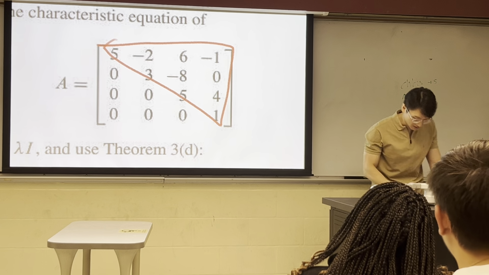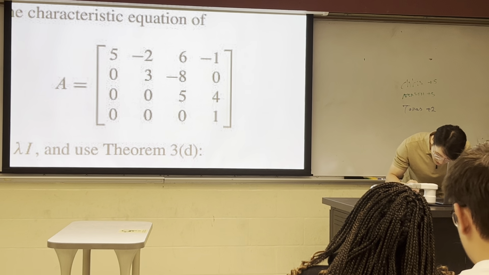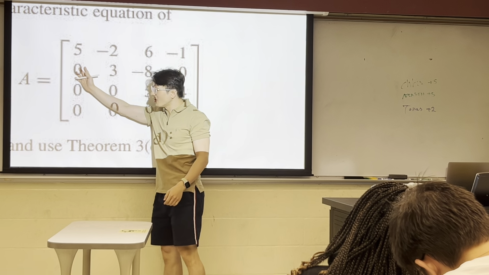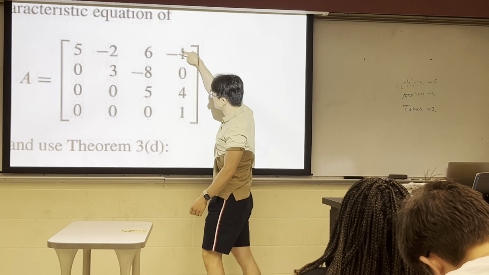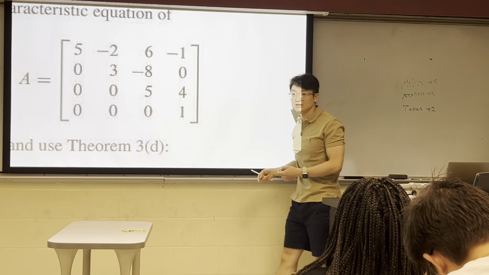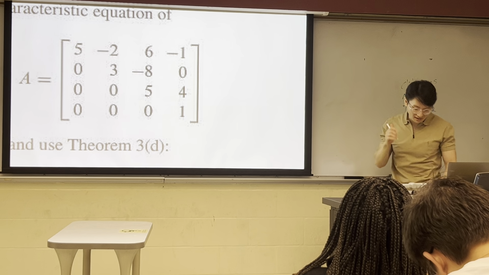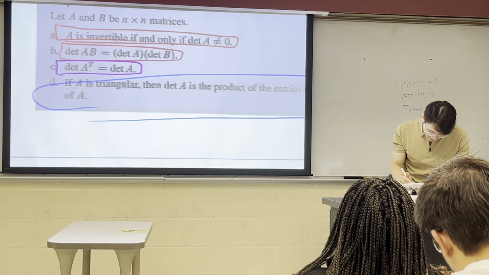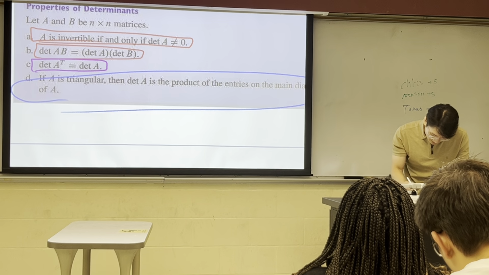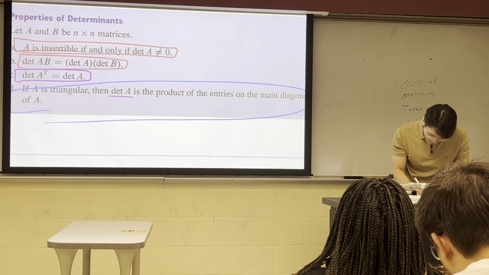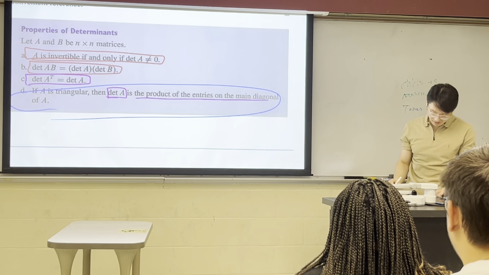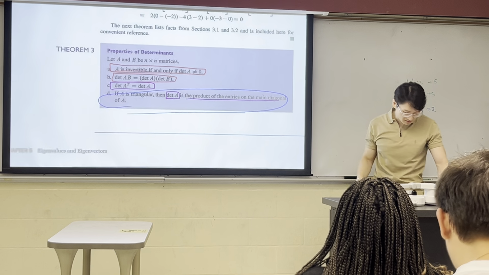You can also have non-zero numbers here and zeros here. That is also triangular. Anyway, the determinant of a triangular matrix is simply the product of entries on the main diagonal.